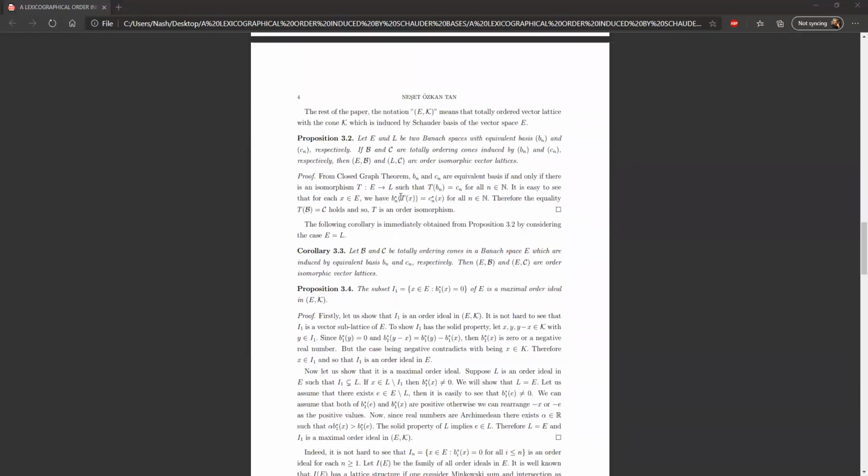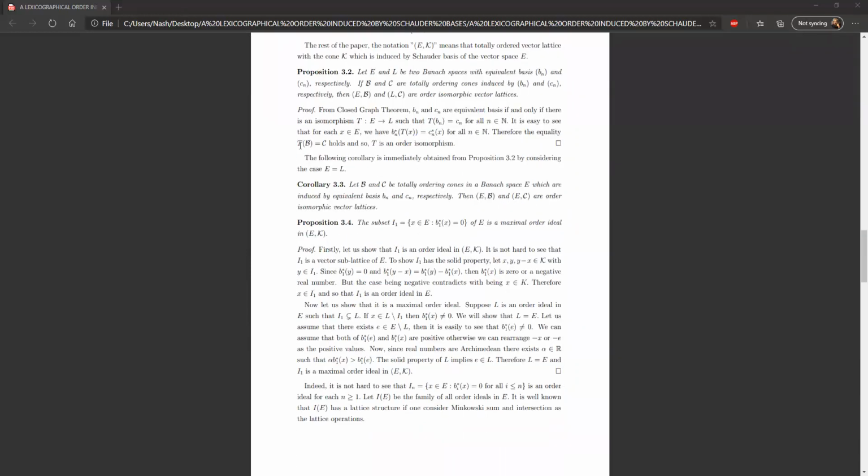We have a proof for this theorem. In the proof, I used the closed graph theorem, and by using this proposition we already have a corollary which says that if we have two totally ordering cones in a Banach space induced by different equivalent Schauder bases, then they are order isomorphic vector lattices, as we expected.